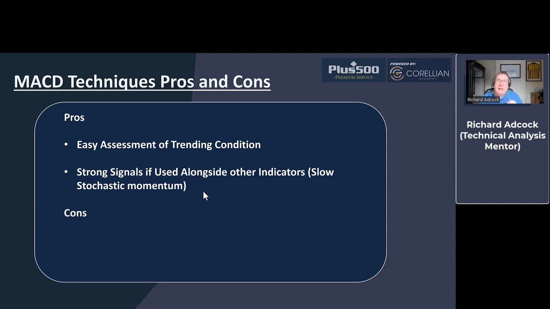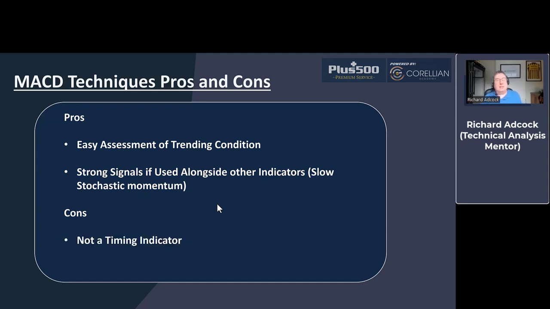And when used alongside other indicators, the slow stochastic for instance, which we'll take a look at in future weeks, and look at how we can combine the slow stochastics with the MACD, then it strengthens the signal because it highlights from a timing perspective when those more aggressive trending conditions are likely to develop. So we'll take a look at that in future weeks.